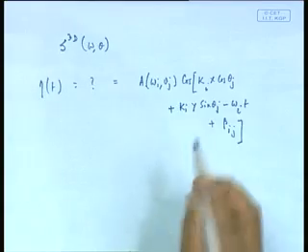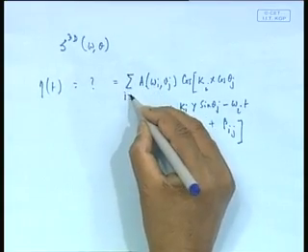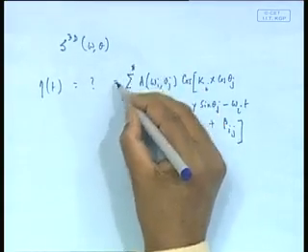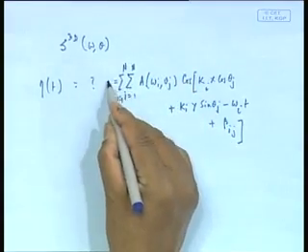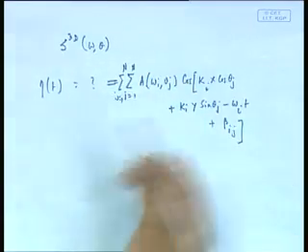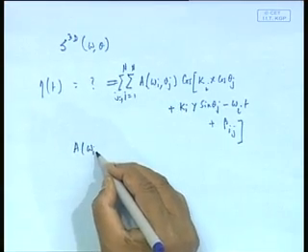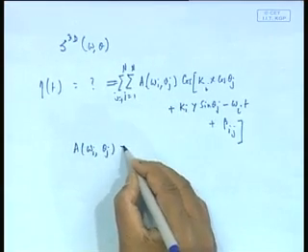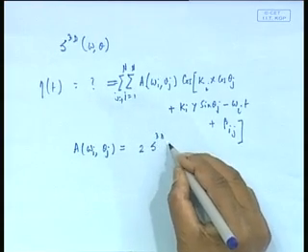So, what you have to do is obtain this by I equal to 1 to n. So, you can reconstruct this way, where A omega I theta j will be given by 2 S 3D.